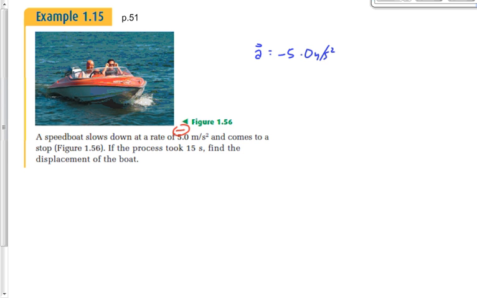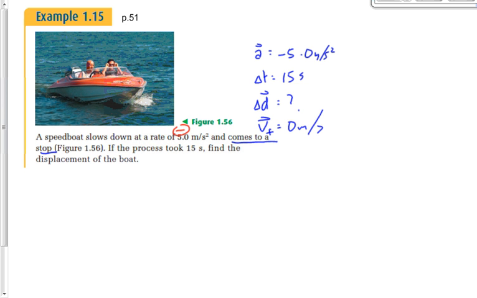Time, 15 seconds. Displacement. Anything else we have? If we read between the lines, VF has got to be 0 because it says it comes to a stop. Final velocity is 0 when it comes to a stop.